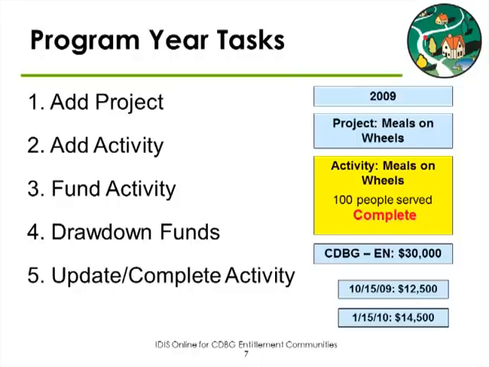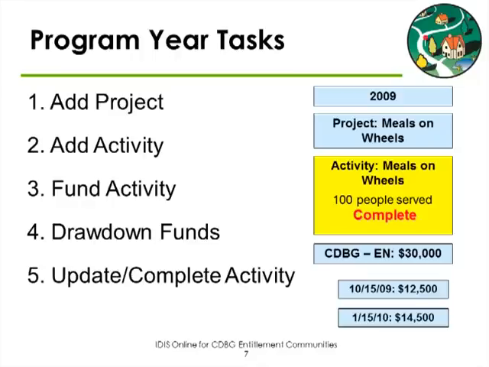Once you commit funds to an activity, you will be able to request a drawdown of those funds to pay for CDBG eligible expenses. As expenses are incurred throughout the year, you can use IDIS to request drawdowns to pay for those expenses. Once the drawdown is approved in IDIS, the funds are typically wire transferred to the grantee's bank account within 2 or 3 days.